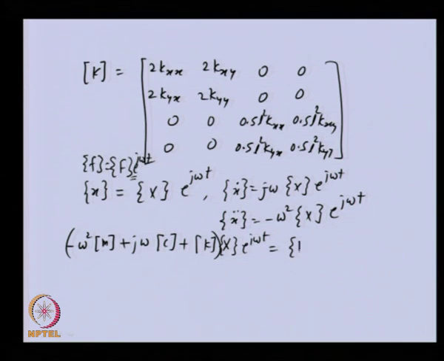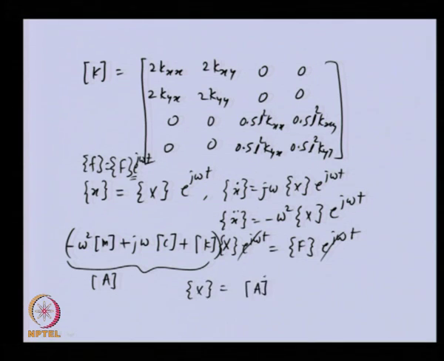So this will give e to the j omega t, which will get cancelled. If we define this particular matrix as A, the unbalance response we can get as inverse of A into force. So this is the solution for unbalance.